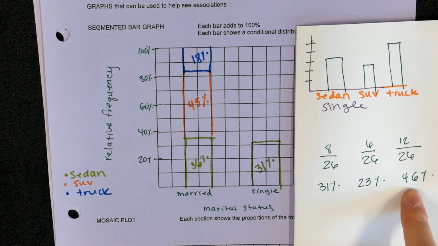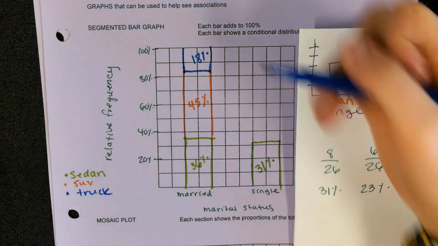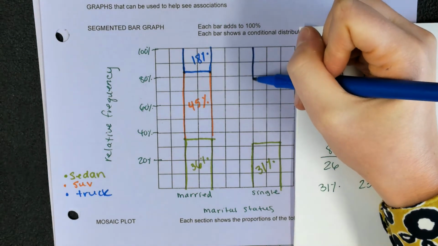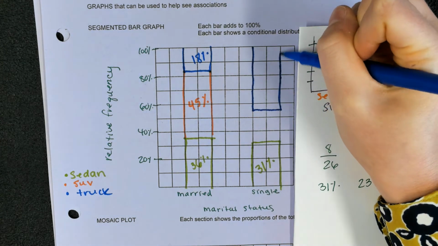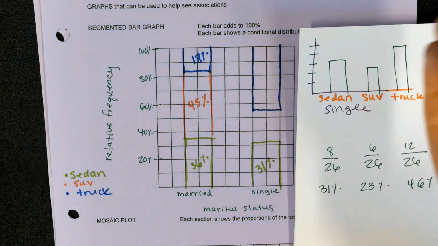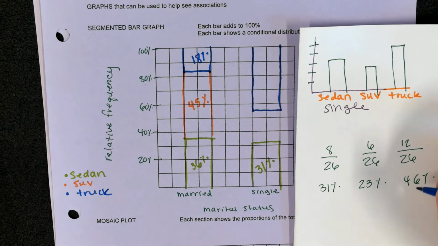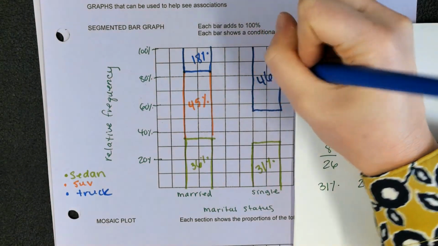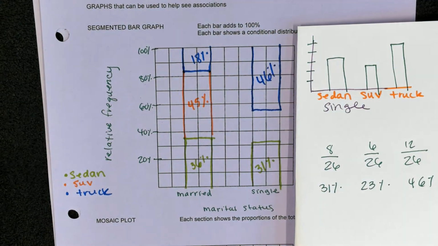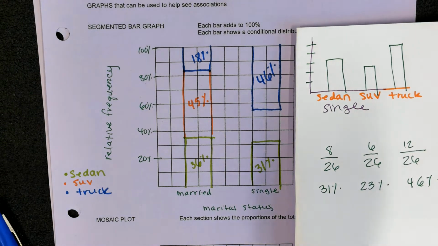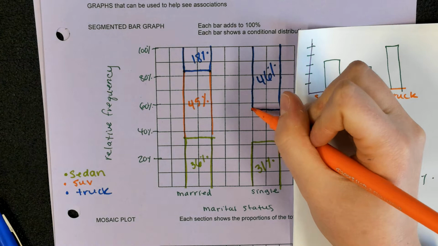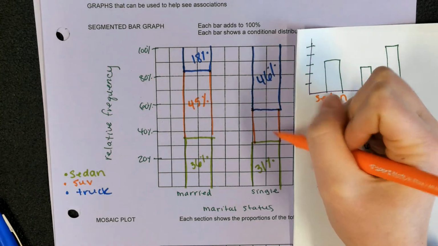This one I see over here, trucks. Trucks is about 45. So we're going to go 1, 2, 3, 4, and a little bit. This is about, I should have rounded this up. No, I shouldn't have. This is about 46%. Okay? And then the remaining middle chunk is about 23% SUV for my single people.